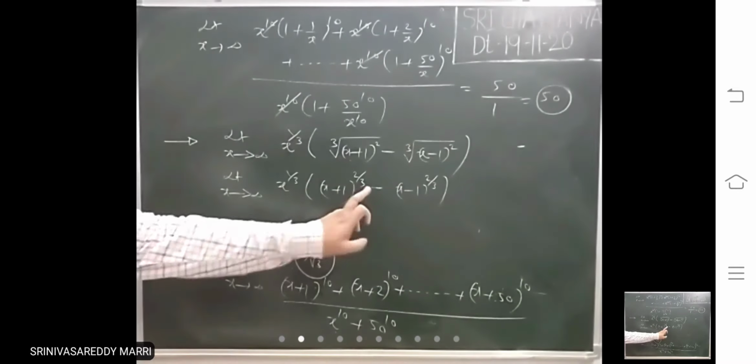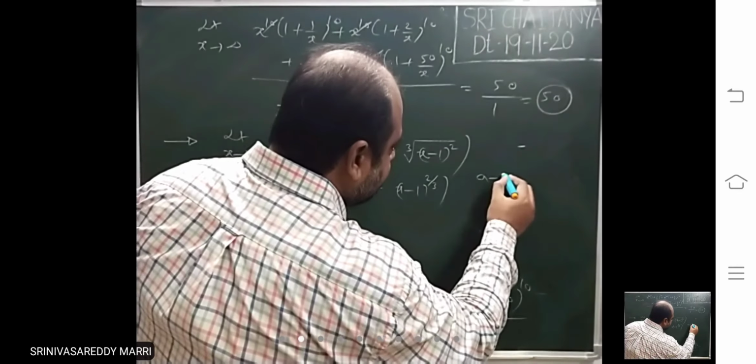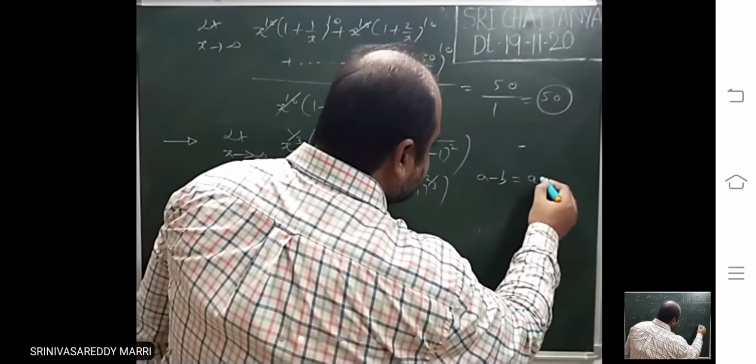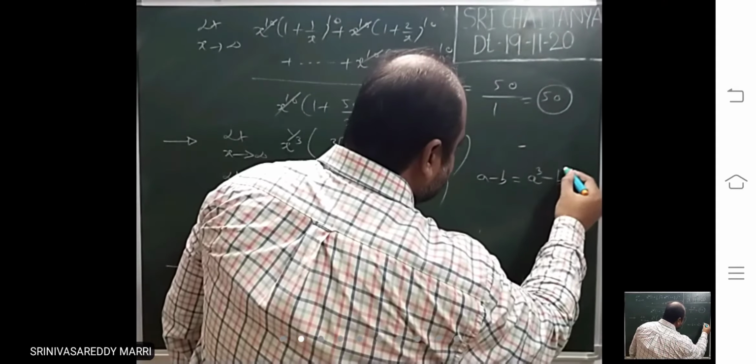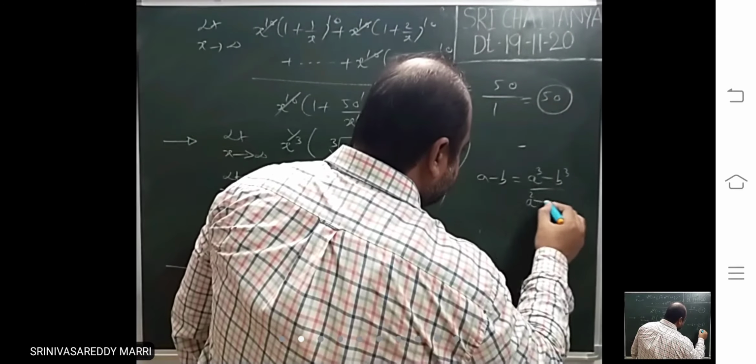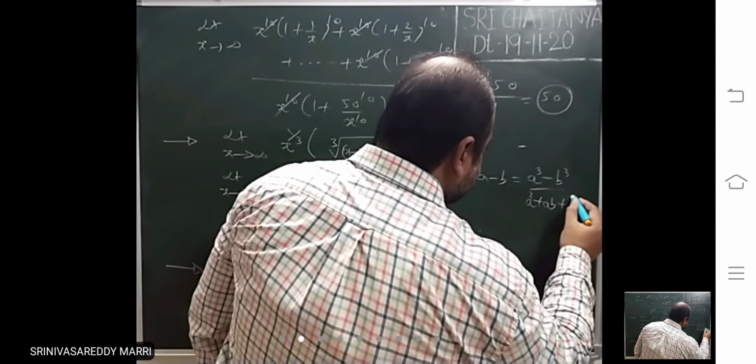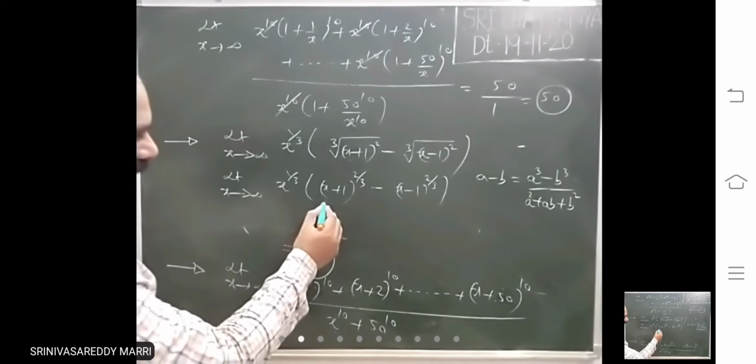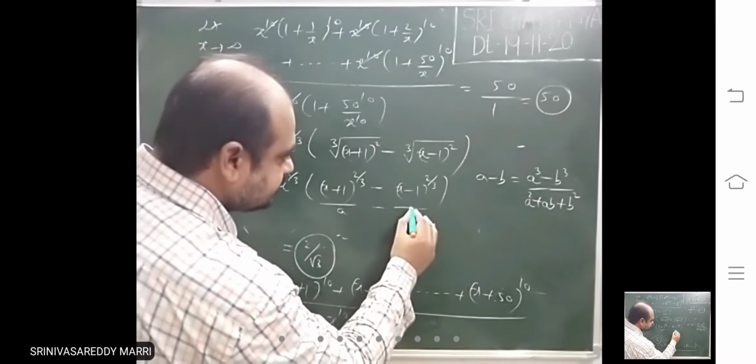I told you, if power 1 by 3 is there, a minus b can be written like this: a cube minus b cube divided by a square plus ab plus b square. This is a and this is b.